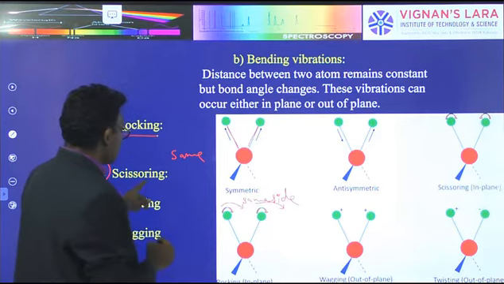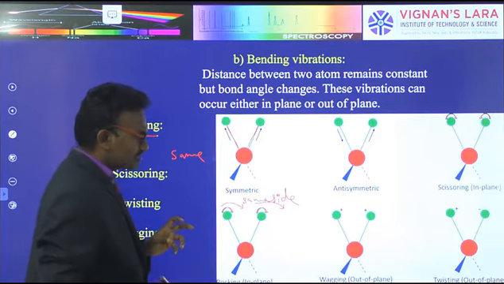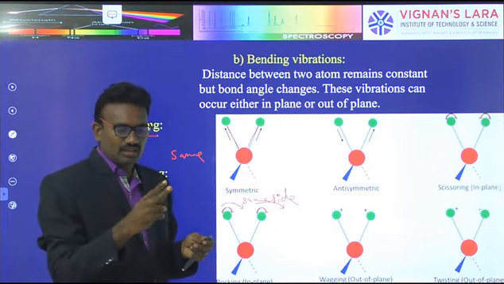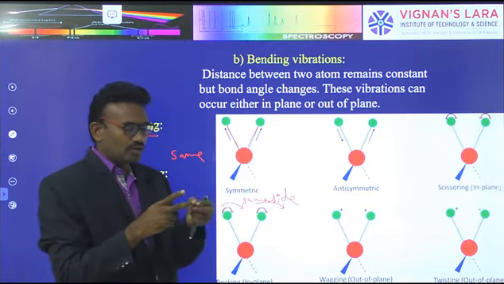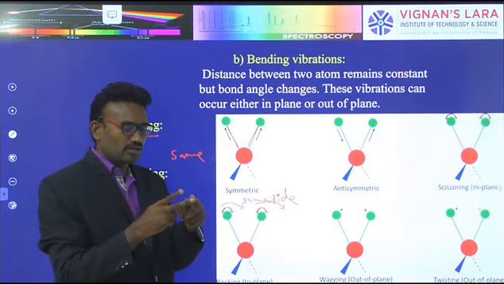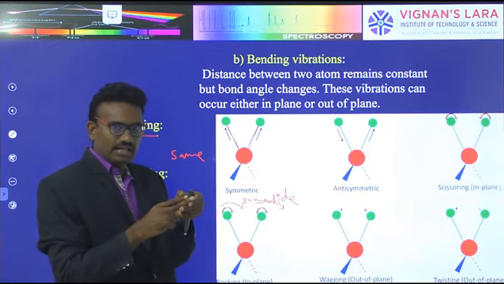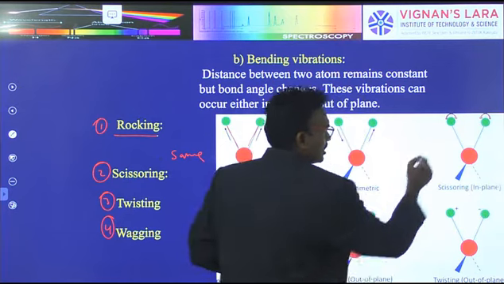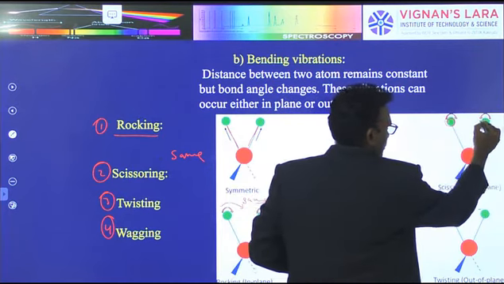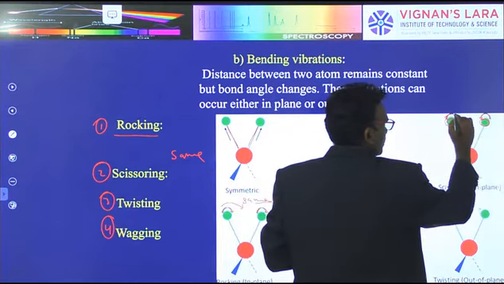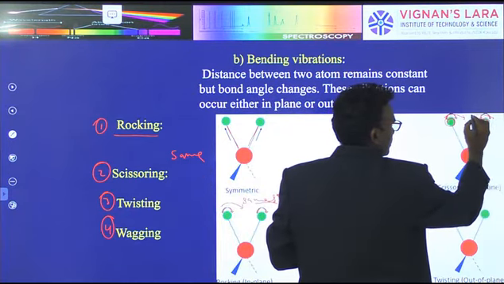Next, scissoring. Scissoring means the atoms move like a scissor. In a scissor, the ends of the two sides are combined and repelled, joining and separating in the cutting process. In the same way, in the scissoring process, the atoms are bended to opposite sides.